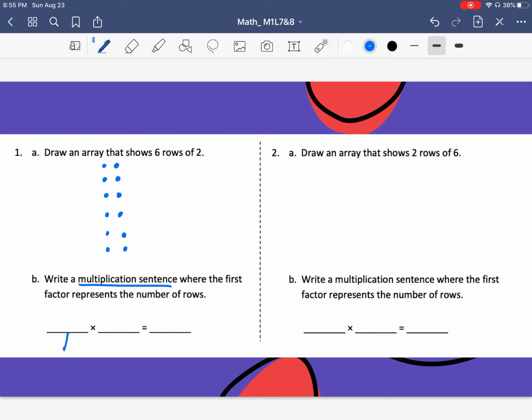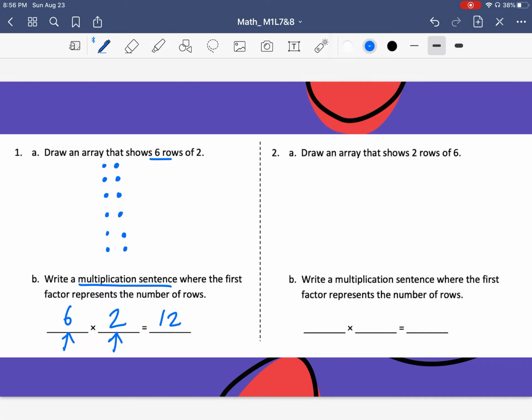So in the first factor, I'm going to write the number of rows, which is 6. And in the second factor, I'm going to write the number of dots in each row, which is 2. So in total, we have 12 dots.